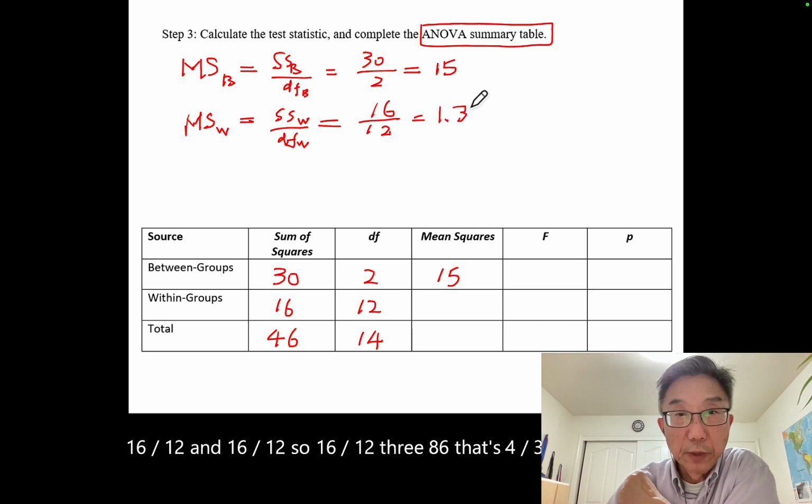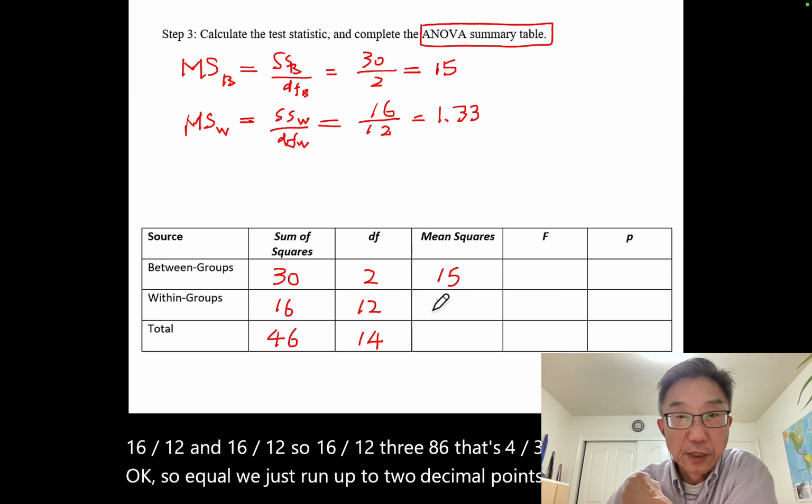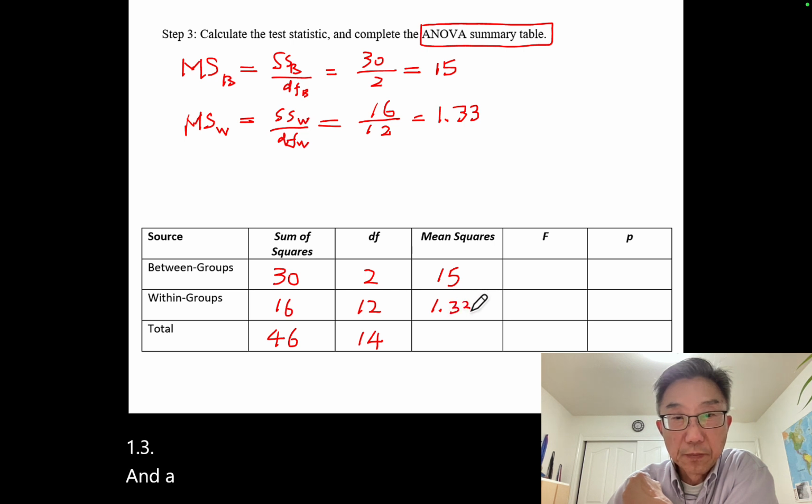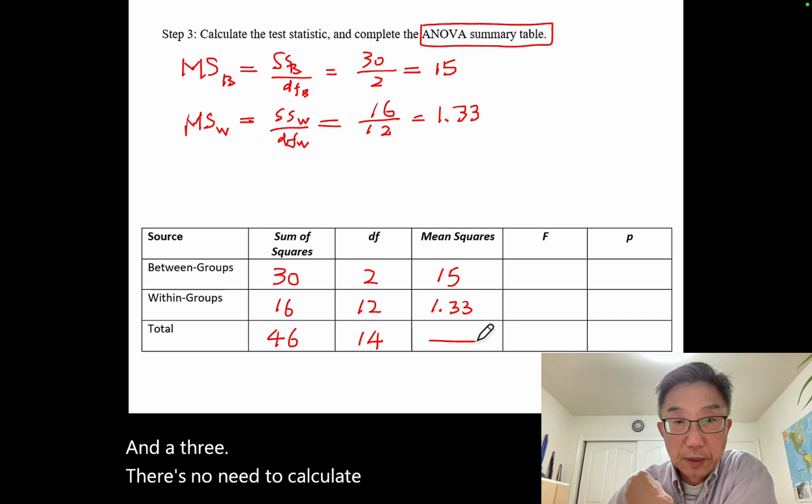Okay, we just round to 2 decimal points, 1.33. There's no need to calculate the total variance. We just cross it out.